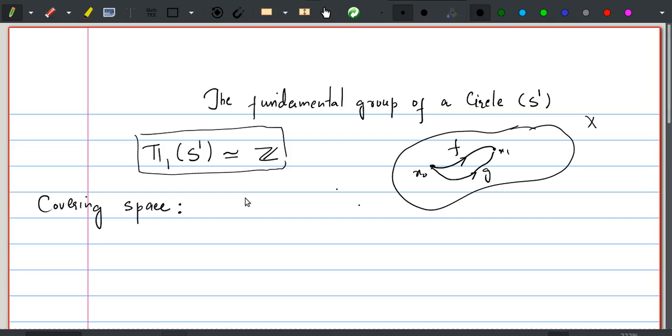So let us consider two spaces. Let X and Y be topological spaces.